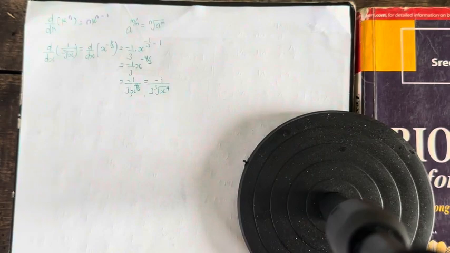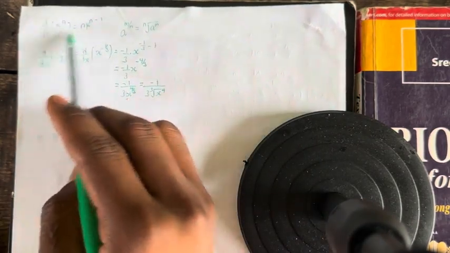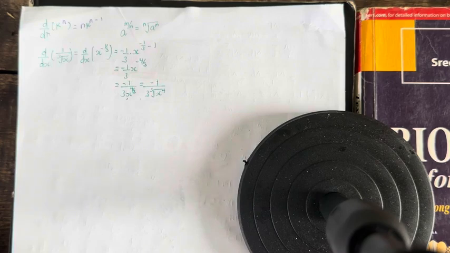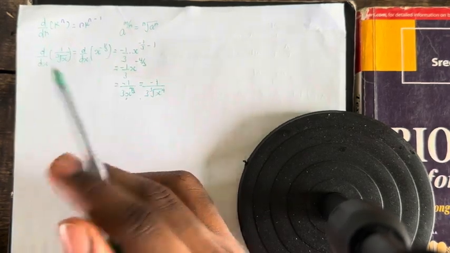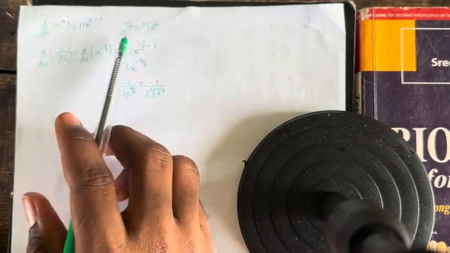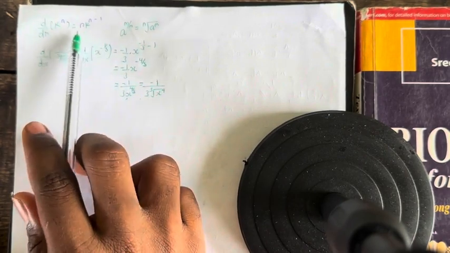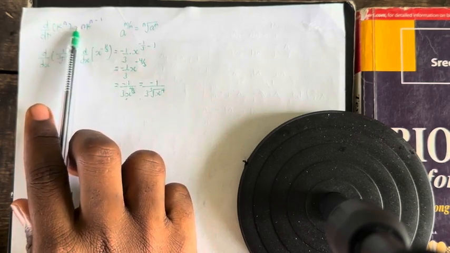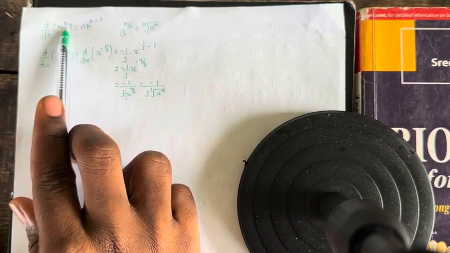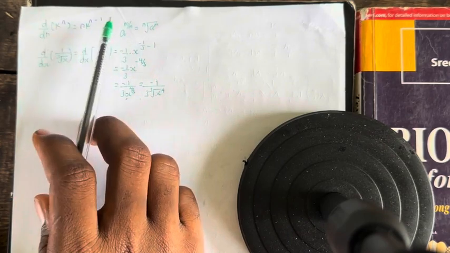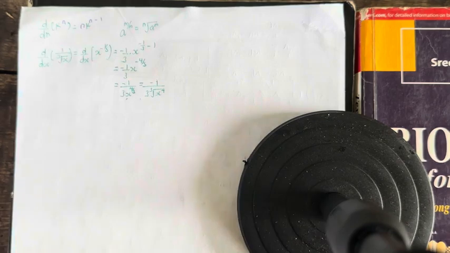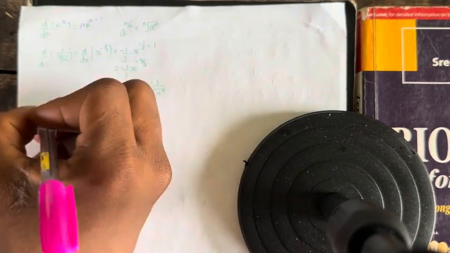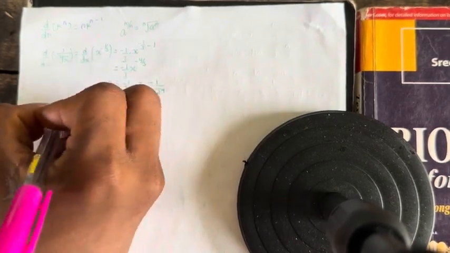Have you got that? Now there is an important thing to take note of about this formula method. This formula method works only and only if n is a constant, that is, only if n is independent of our variable of differentiation. What I'm trying to say is that, suppose y is equal to x to the x.